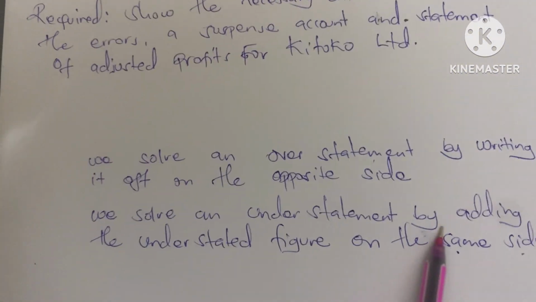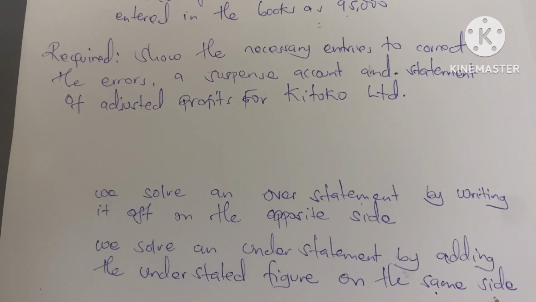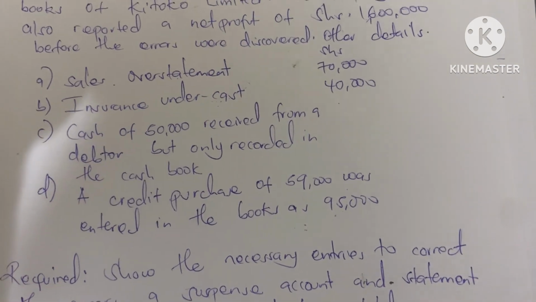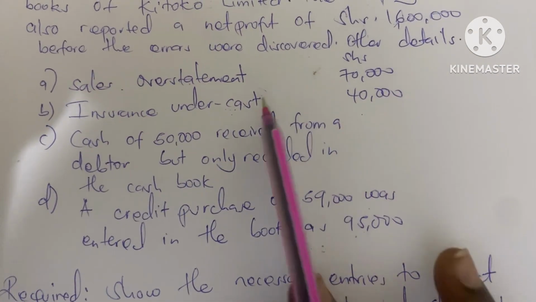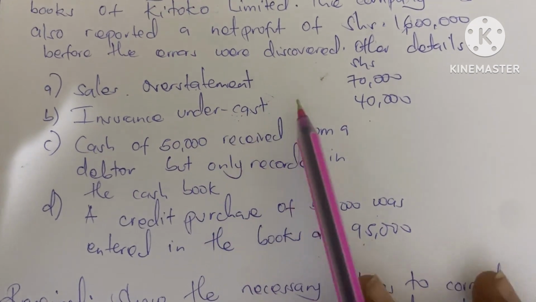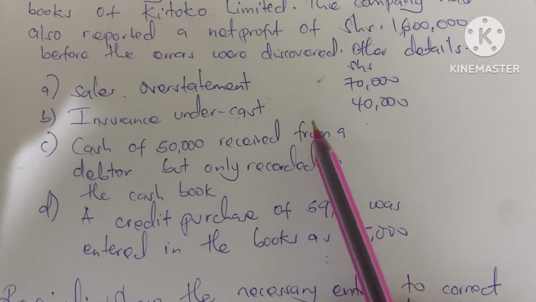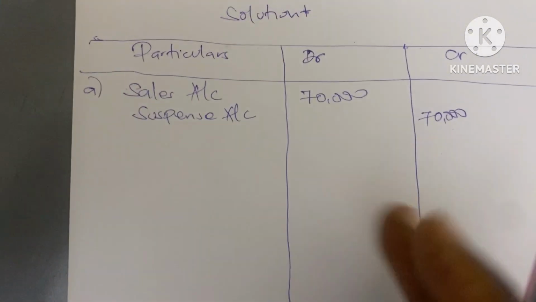If we are solving an understatement, we add the understated figure on the same side, meaning we go to the insurance account on the debit side and put the 40,000. An understatement can be detected by the trial balance, meaning we are going to record it in the suspense account.